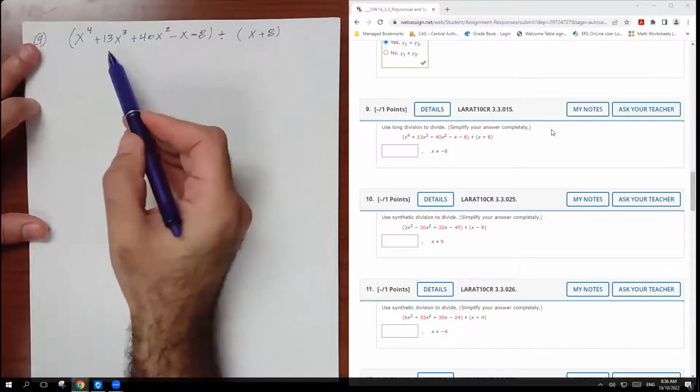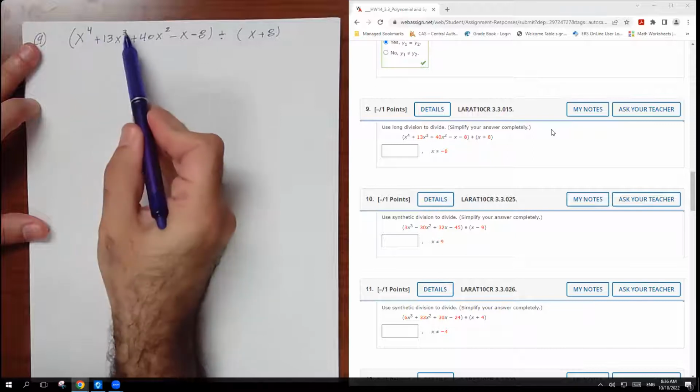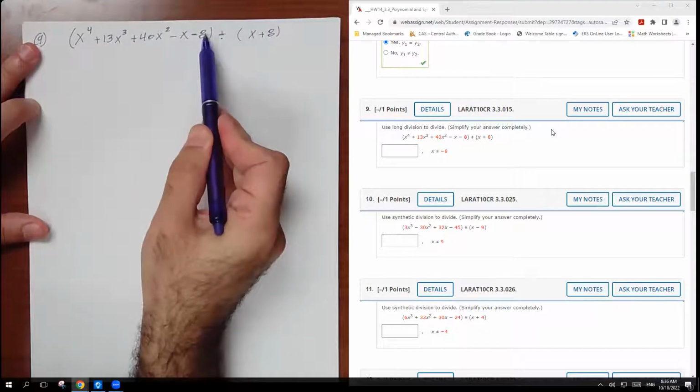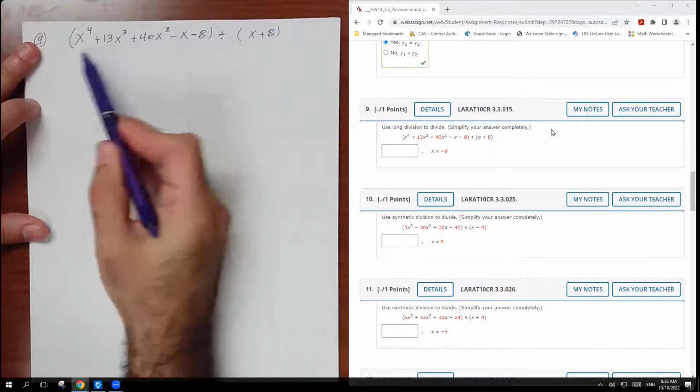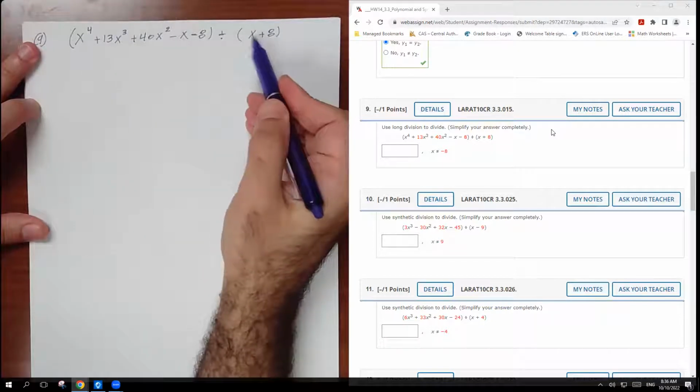First of all, I'm going to check the exponents here: 4, 3, 2, 1, 0. So that means this is okay. There is no missing term. The same thing here. There is no missing term.